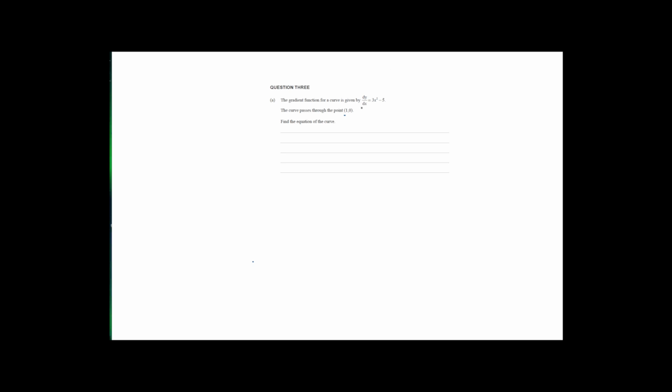We start off with dy over dx equals 3x squared minus 5. We know that it passes through the point 1, 2. We want y equals something.